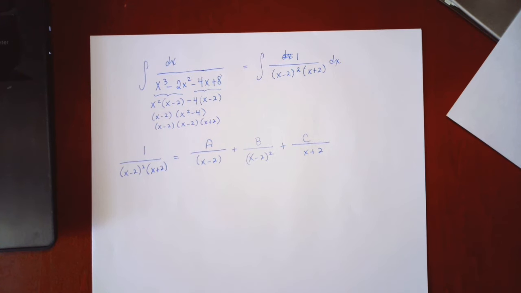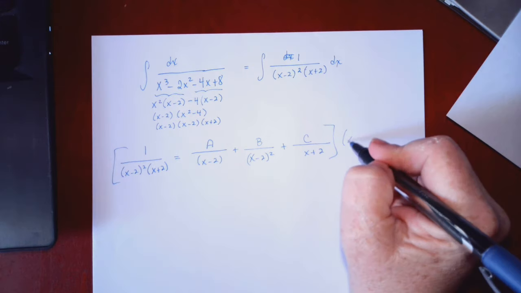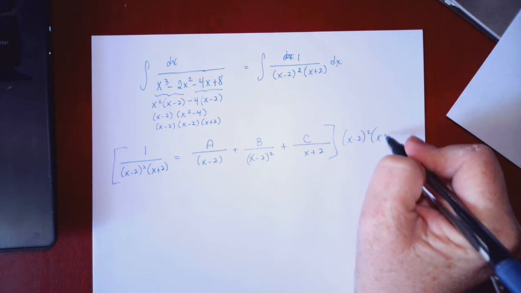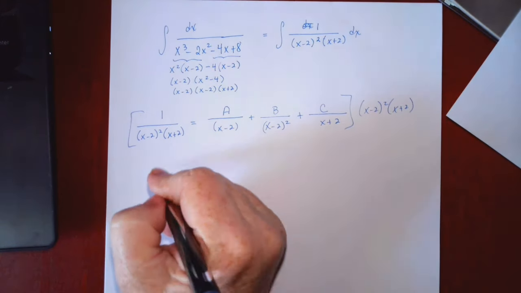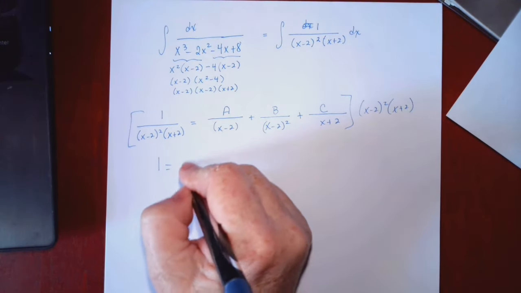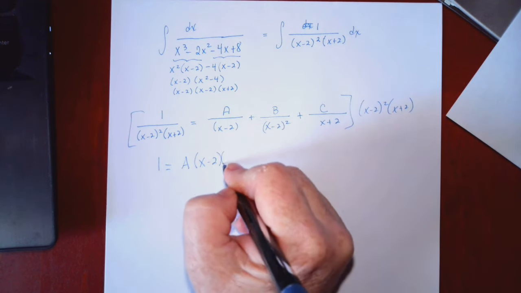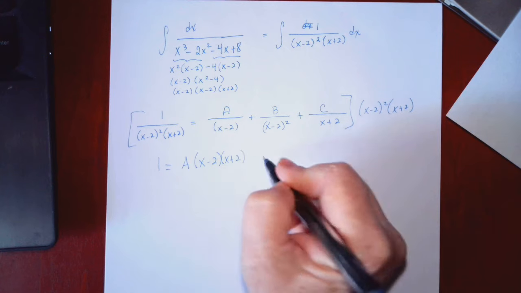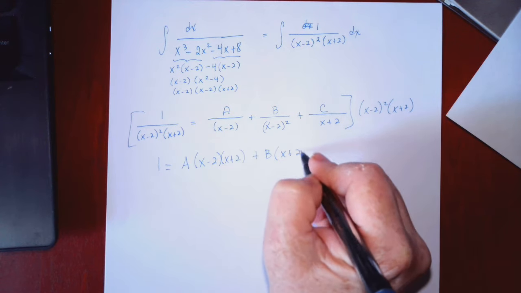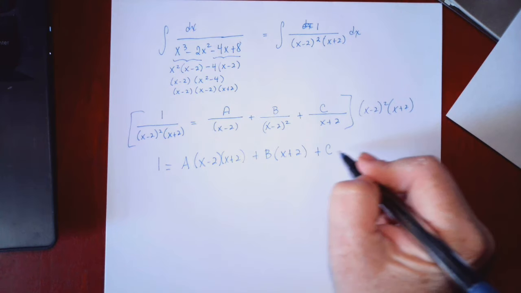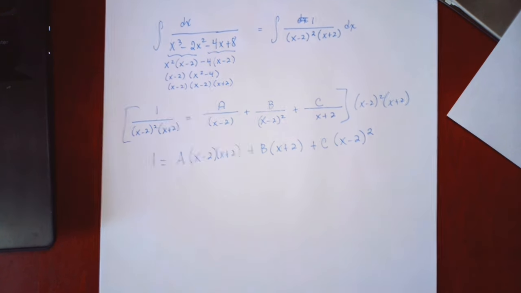So when I multiply both sides by the least common denominator of x minus 2 squared times x plus 2, I get 1 is equal to a times x minus 2 times x plus 2 plus b times x plus 2 plus c times x minus 2 squared.